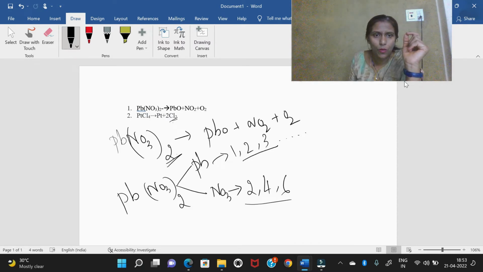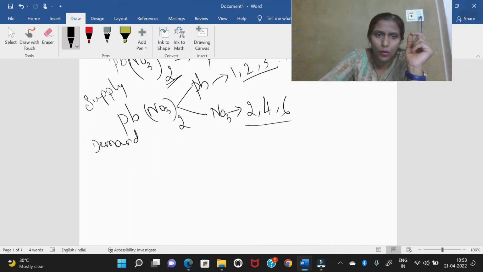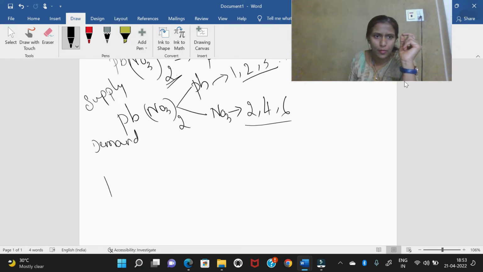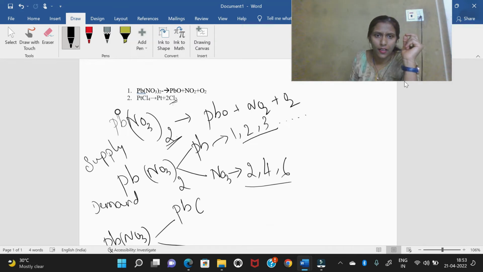Now, let's work on the demand side. On the demand side, how many families are there? This Pb(NO3)2 is getting split. One family wants what? Only PbO, lead oxide. Another family wants nitrogen oxide.